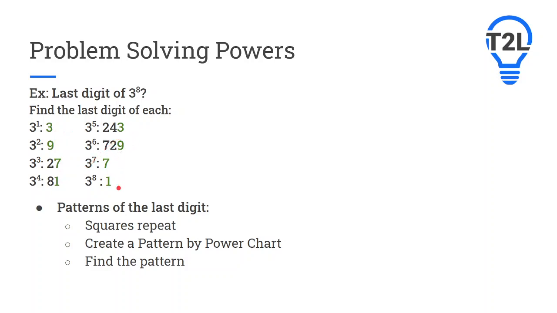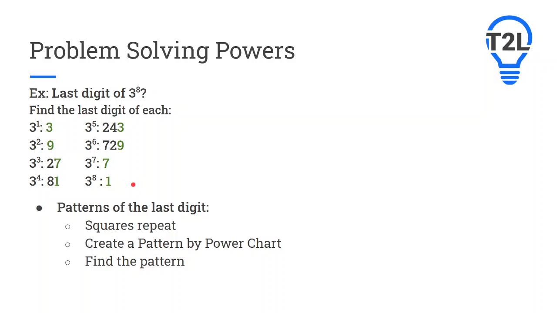Once you have that pattern down, you can go back to your question, see what the power is, which is 8. You look at the chart over here, you have 8, and that indicates that the last digit of 3 to the power 8 is 1. And that's how you do it. And yeah, this is a bit hard.